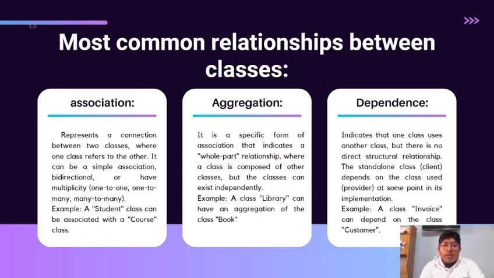Aggregation is a specific form of association that indicates a has-a relationship where a class is composed of other classes, but the classes can exist independently. Example: a library class can have an aggregation of the book class.